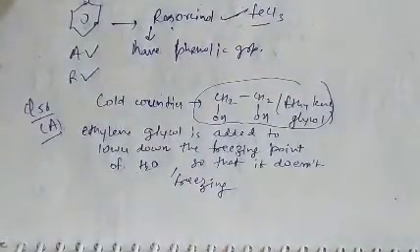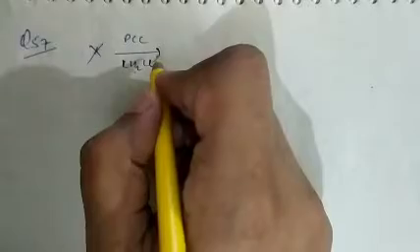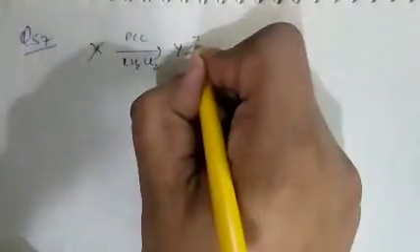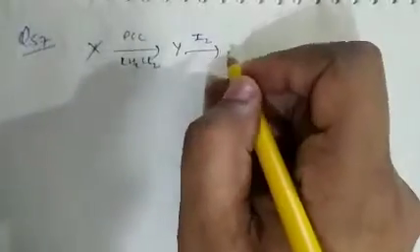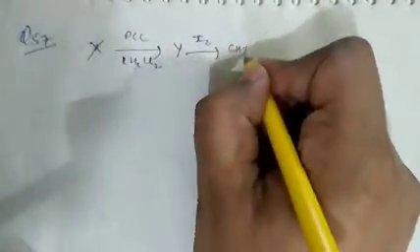See question number 57. Question number 57, basically: an organic compound X reacts with PCC in CH2Cl2, gives compound Y, and Y reacts with I2 and alkali, gives iodoform.